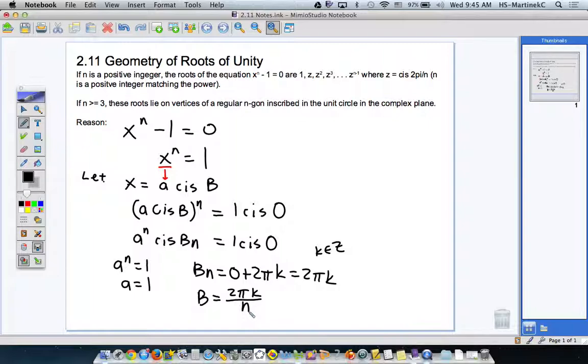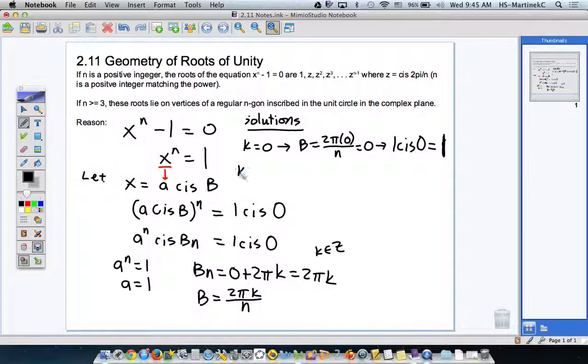Okay, so then our solutions would simply be, we're going to take k equals 0, and so B would be 2 pi times 0 over n, or just 0, so that's 1 cis 0, which is the same as this regular 1.